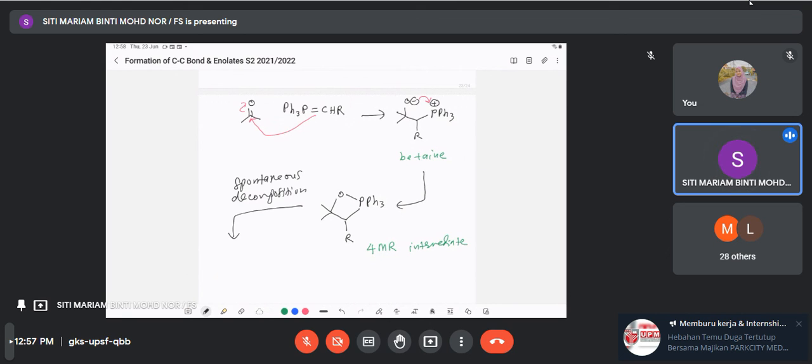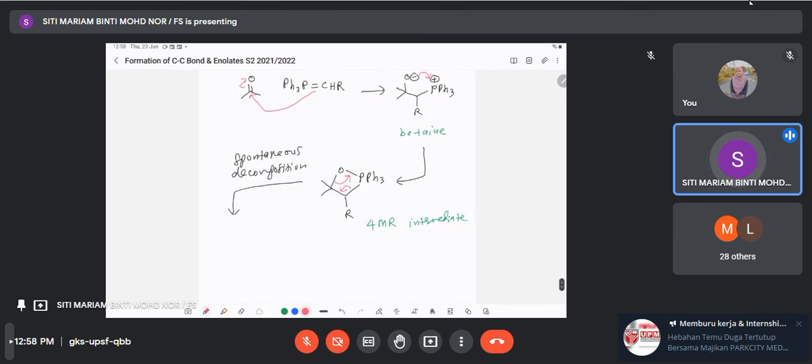It's driven by the formation of a double bond between oxygen and phosphorus, because phosphorus forms a very, very stable double bond with oxygen. So it looks like that.